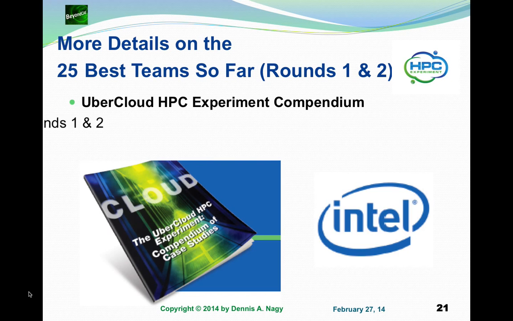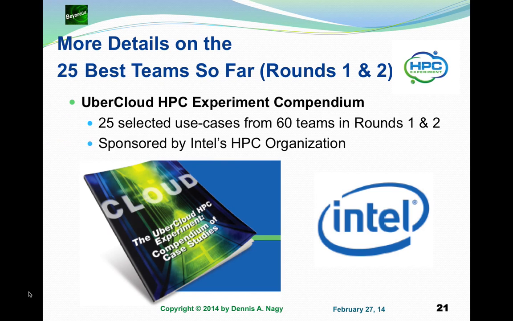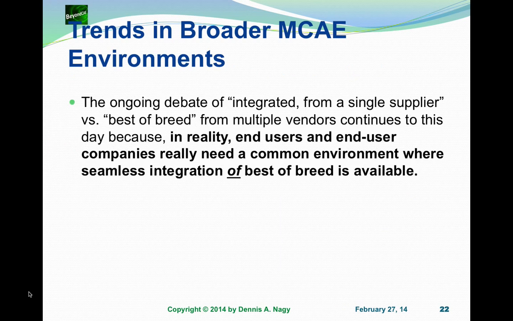So, the broader MCAE environments, just the last remark or two here. For decades, there's been this ongoing debate of integrated from a single supplier versus best of breed from multiple vendors. I remember presenting things about that back in the 90s, and people trying to claim to be a single supplier that could do it all back in the 80s already.